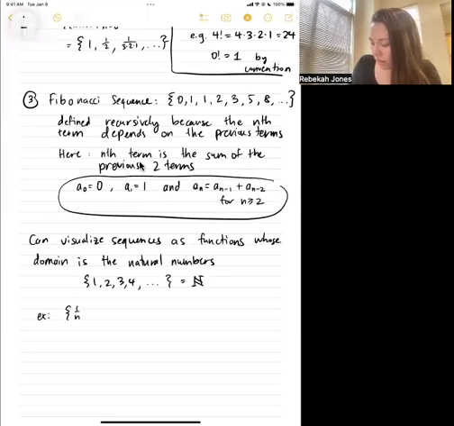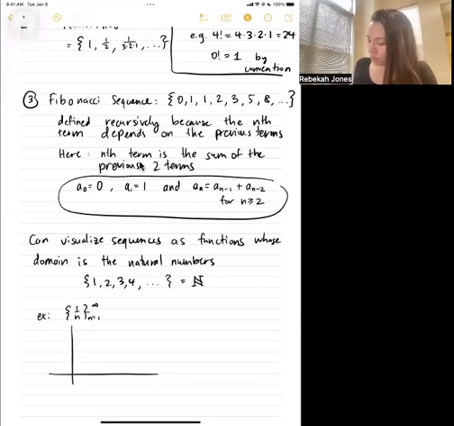For example, if we have the sequence 1 over n starting from 1, the way that we would draw this is, if we have a function whose domain is just the natural numbers, then I'm just going to get one value at 1. If this is 1 here, this sequence starts with a value of 1 at 1, and then a value of 1/2 at 2, and then 1/3, and then 1/4, and then we can keep going, right?